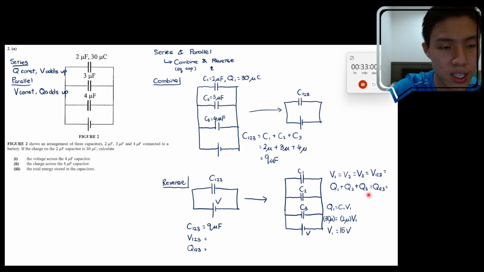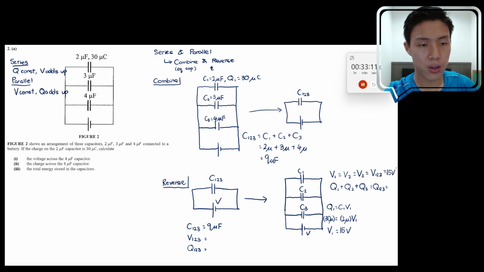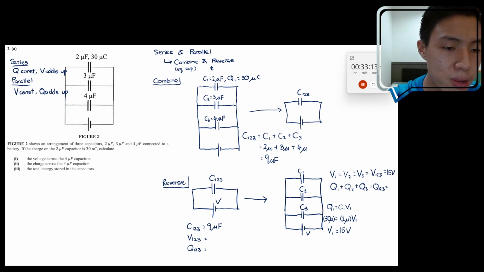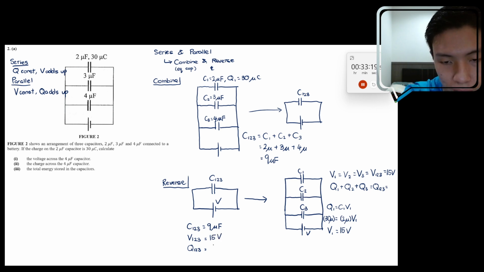And because V1 is 15 volt, V2 is the same as V1, V3 is the same as V1, V123 is the same as V1. So everybody is 15 volt. Now because I know that, I can say V123 here is 15 volt. So you can do Q equals CV right now.